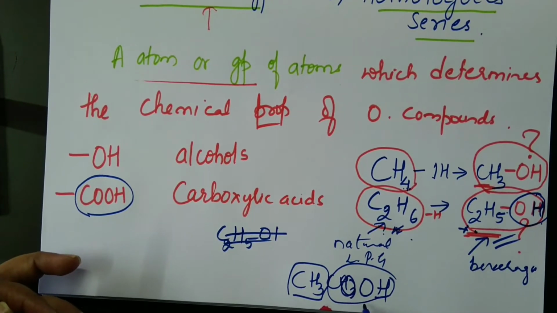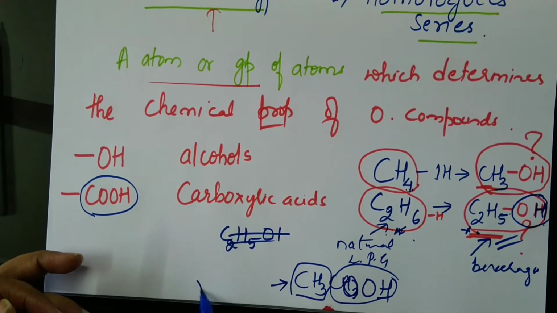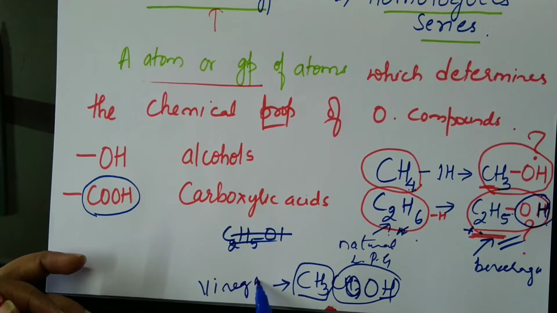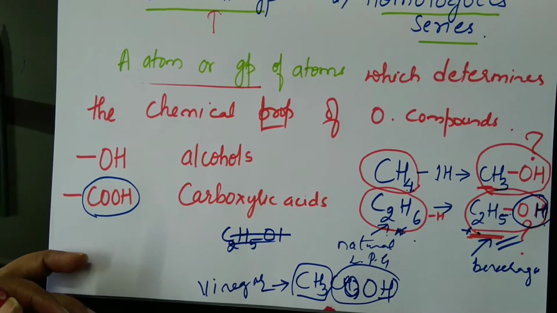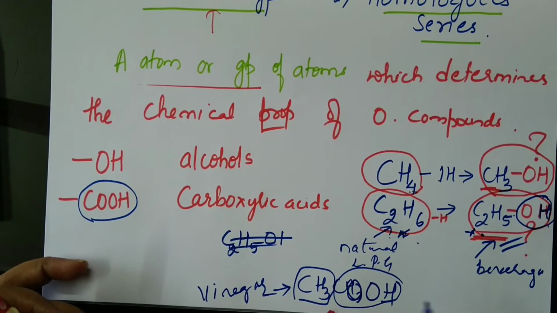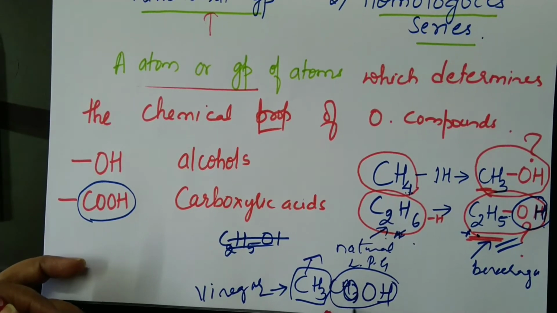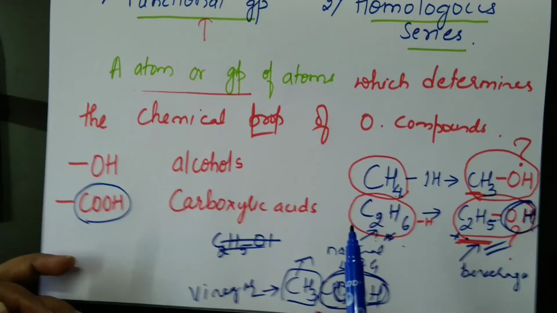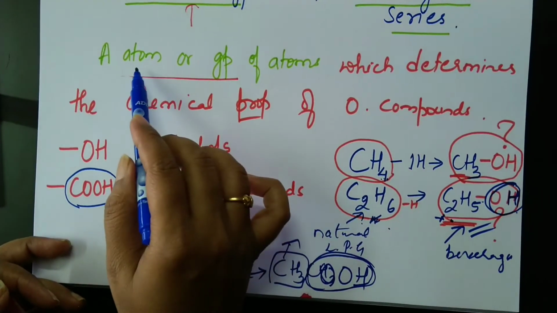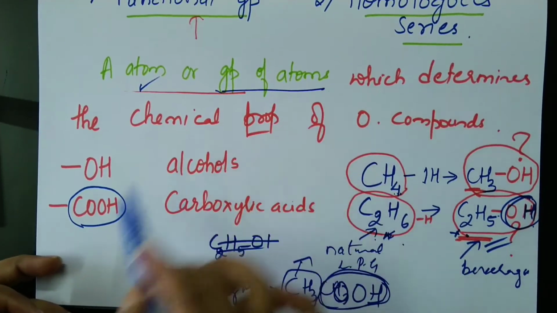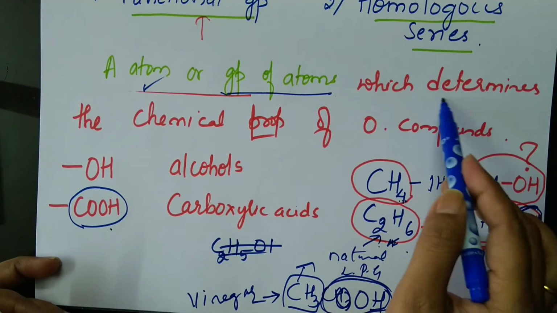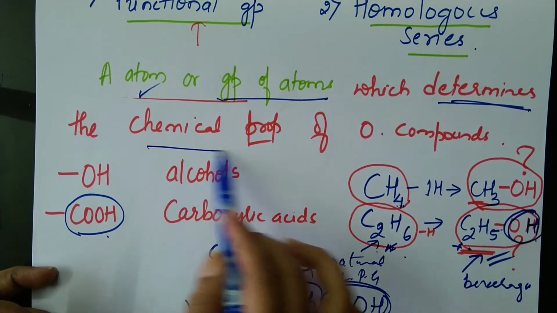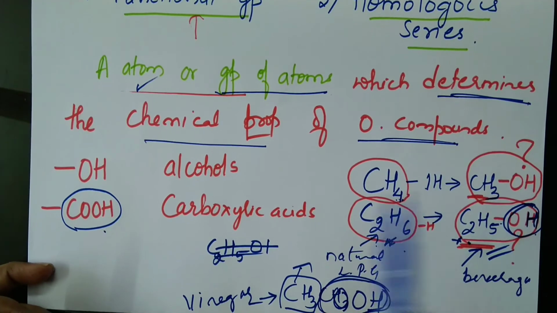Methane is a gas, this is a liquid, and it is also called vinegar, which is used in Chinese dishes. So these properties are determined by what? Your carbon and hydrogen or your functional group? It is the functional group. So how do I define a functional group? It can be a single atom or a group of atoms which determine the chemical properties of the organic compound.